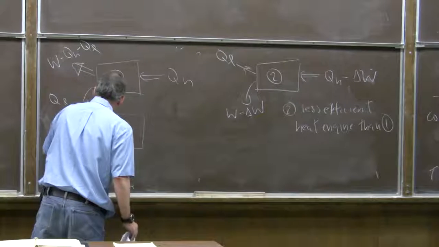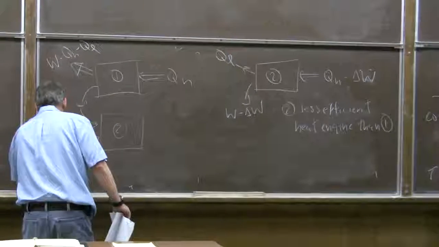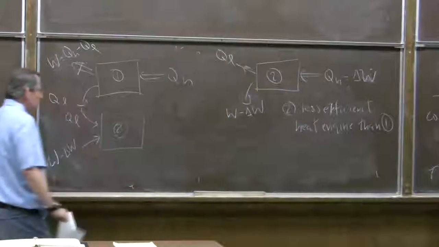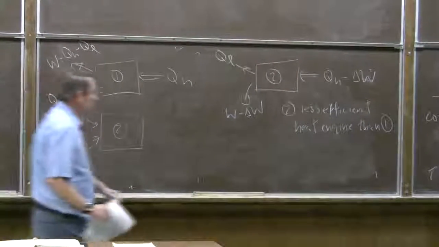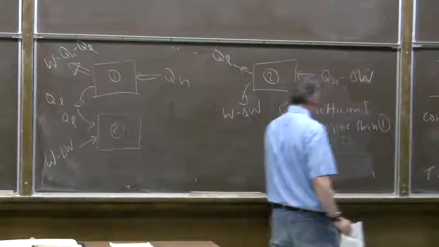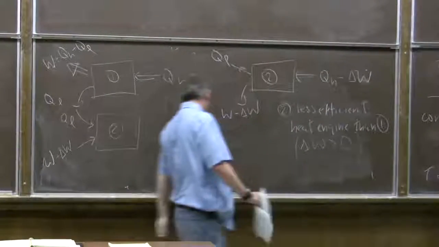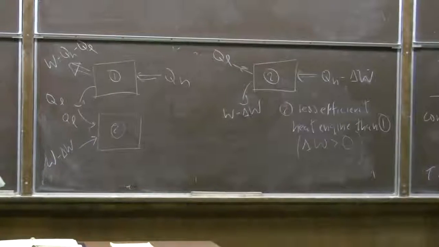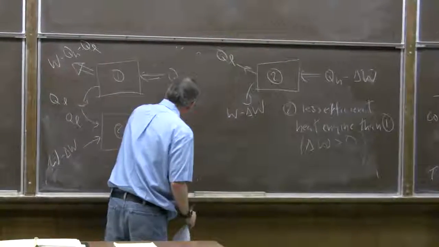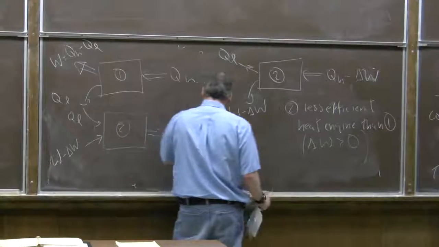The amount of work done by refrigerator 2 is W minus delta W. It's less efficient, I should have said, if delta W is positive. And it expels to the high temperature reservoir QH minus delta W.